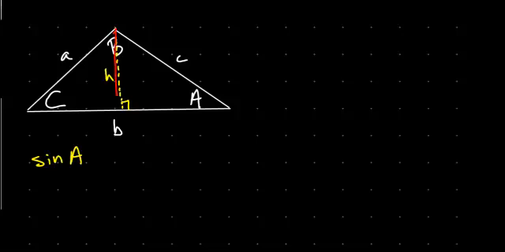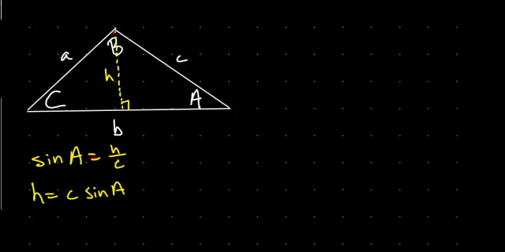Okay? And that triangle there, I'm going to say the sine of big A, because that is a right triangle. The sine of A equals H over C. And that will give me an expression for H. H equals little c times the sine of big A. Okay? That gives me an expression for H.